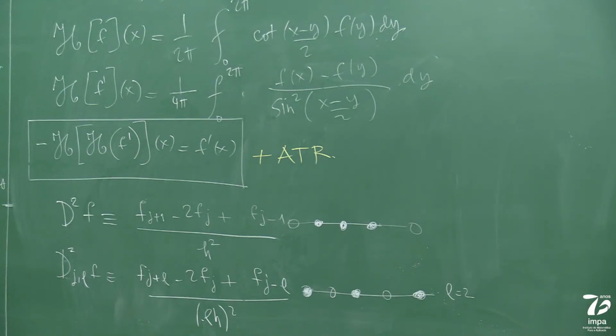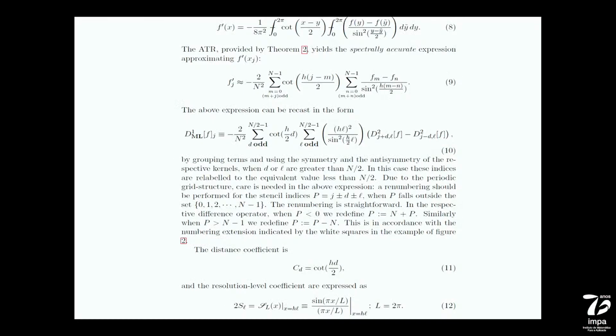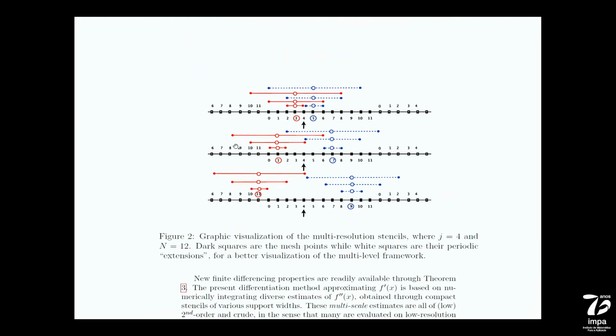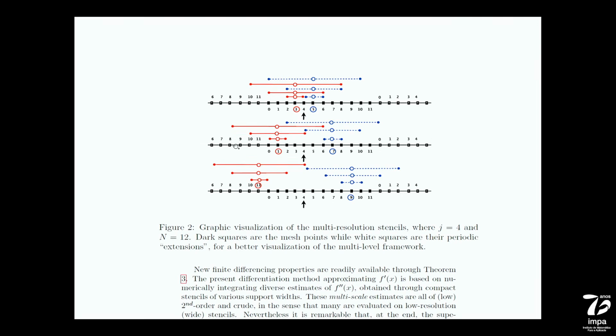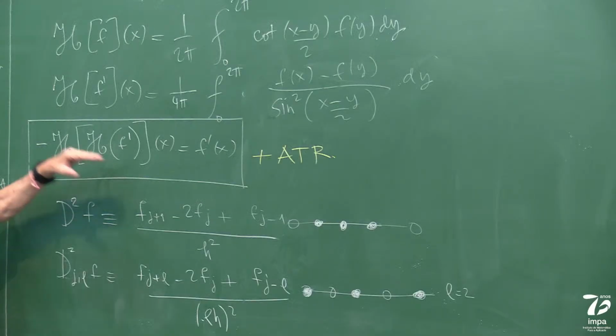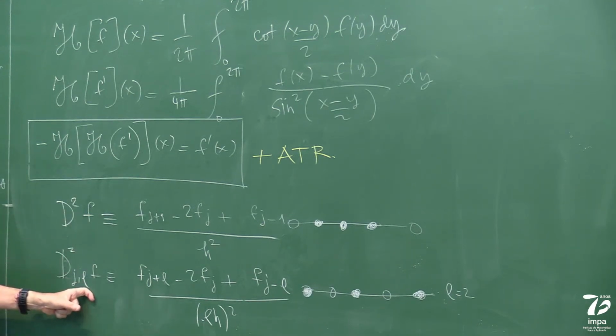So basically, with the alternate trapezoidal rule, to compute the derivative, I'm actually integrating a second derivative to get the first derivative. Okay? I think I have a graph. Here it is. So what this identity with the alternate trapezoidal rule told me at the end is that I have numerical second derivatives that I'm going to sum up.